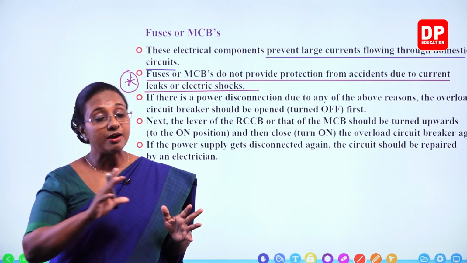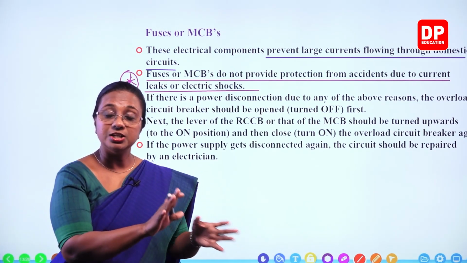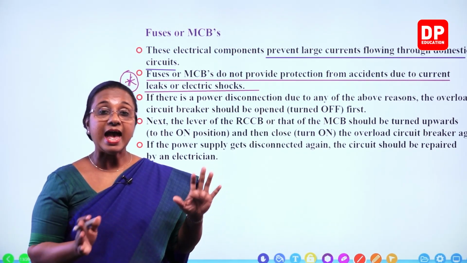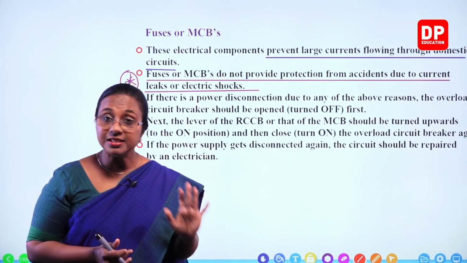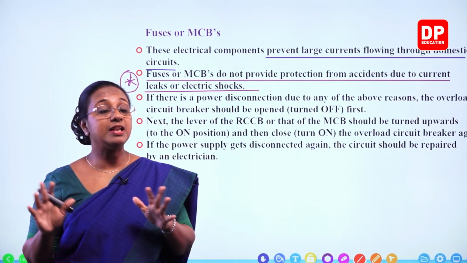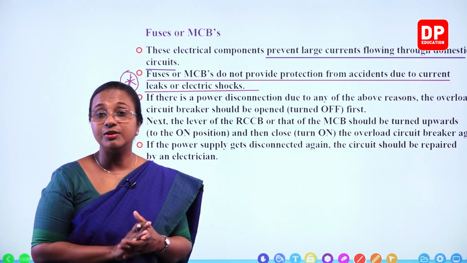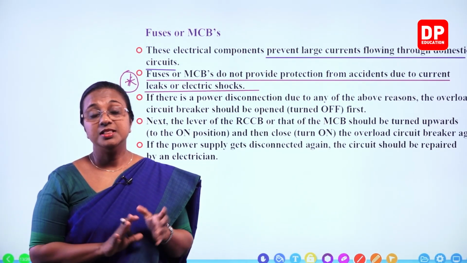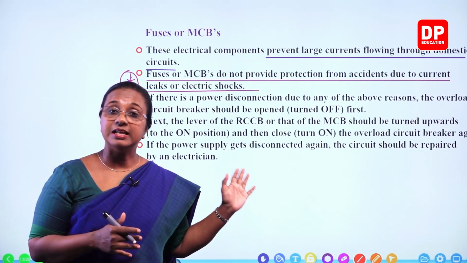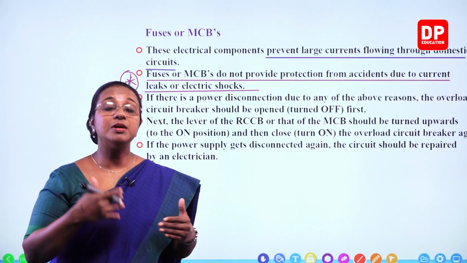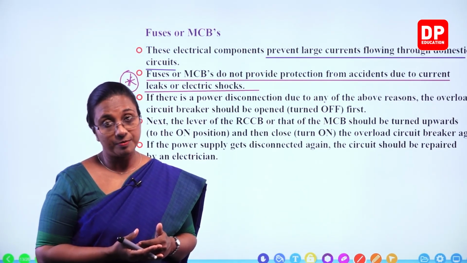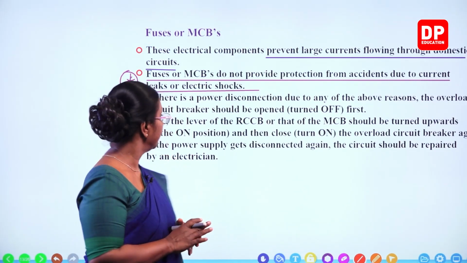Then of course you have to remove that device. You need to switch off that plug socket, and then maybe you can use the household circuit. But otherwise, if you are not sure what appliance is causing this problem, then you should get a technician to look at the problem and rectify it. That is something you need to keep in mind.